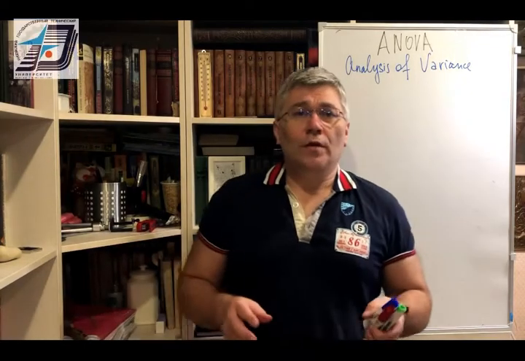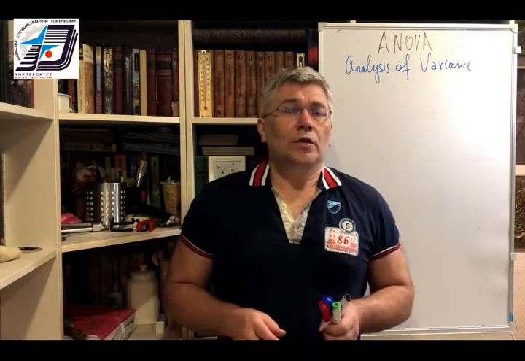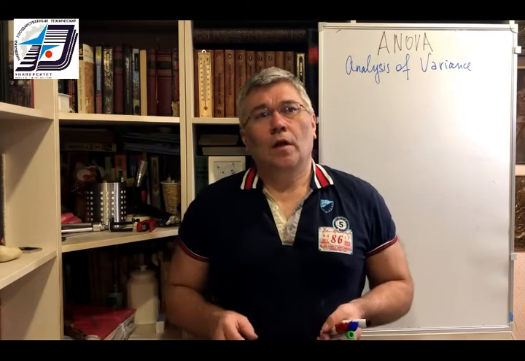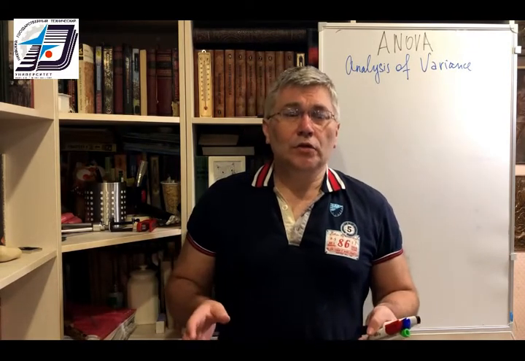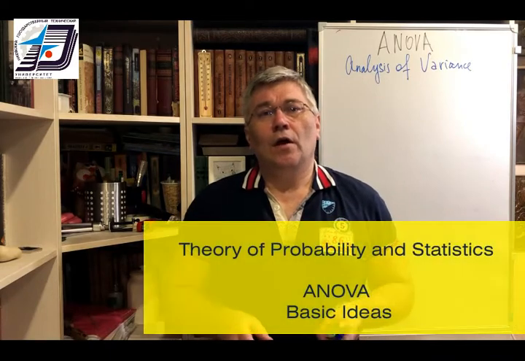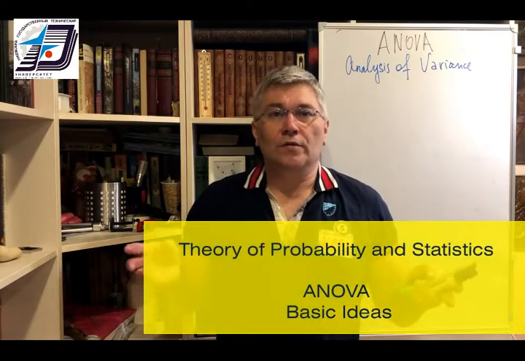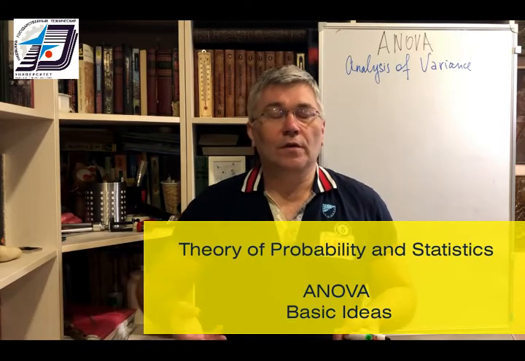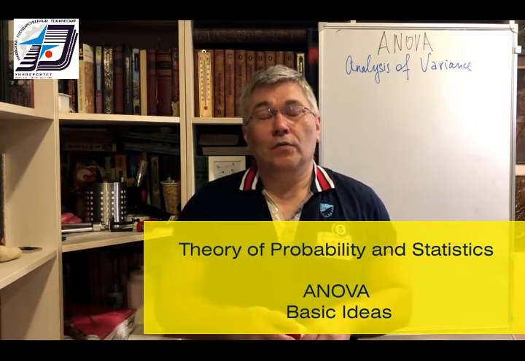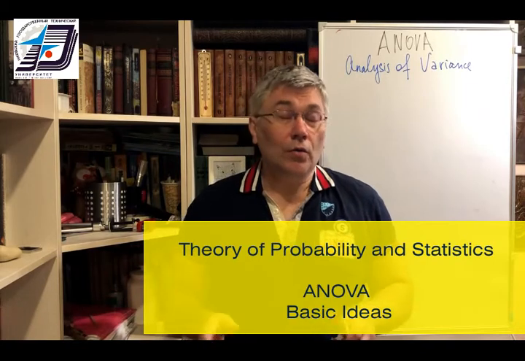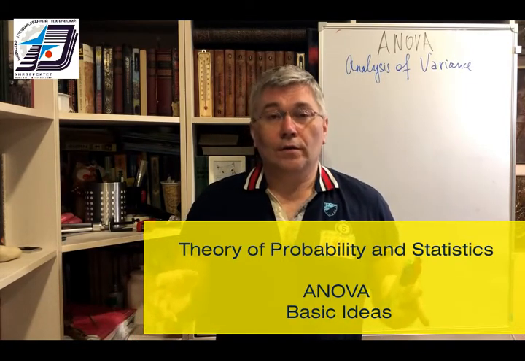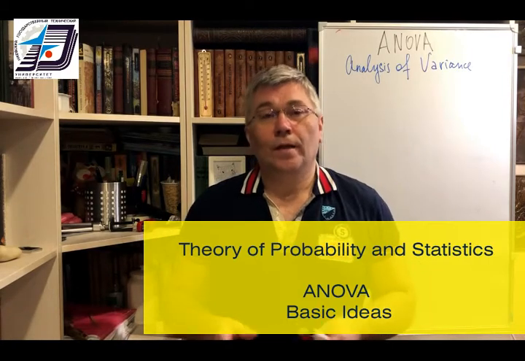The main idea of ANOVA is to determine whether different samples are under the same condition, under the same impact, under the same factors which change there and give them variances, the random outcomes, or whether all of them are in the same condition.